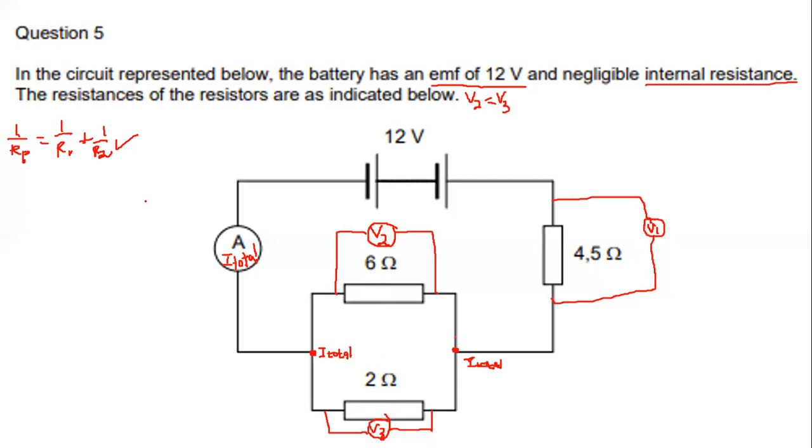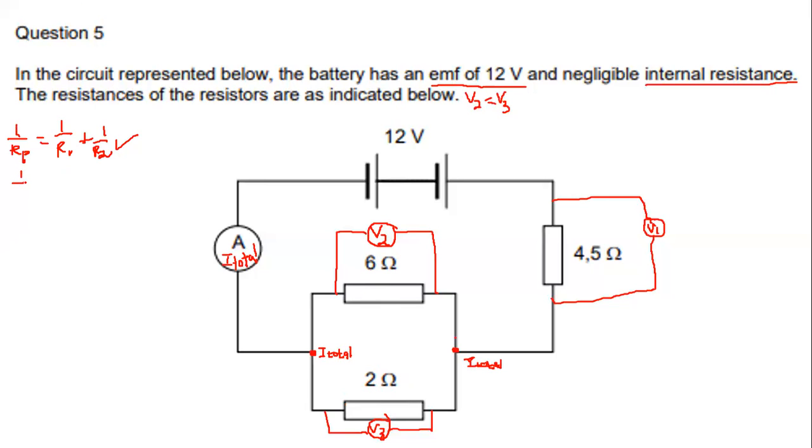Why? Because the value of Rp is always lower than the value of the lowest resistance there. So it's a value less than the lowest resistance there. So if the lowest resistance is 2 ohms, then it means Rp will be less than 2 ohms.